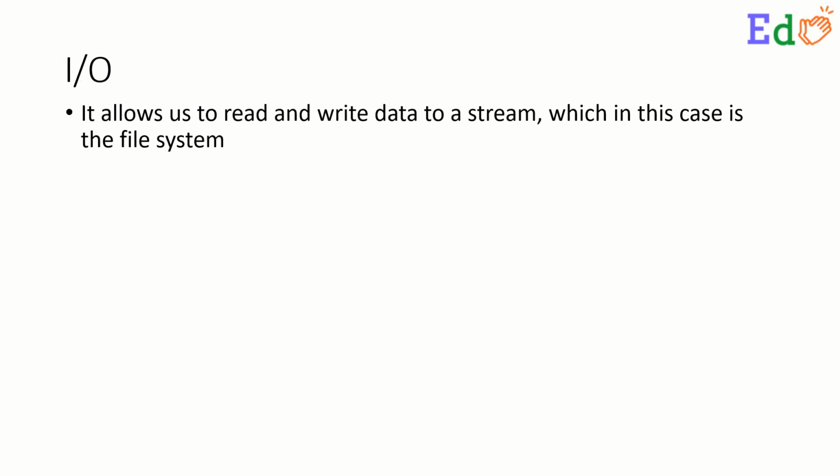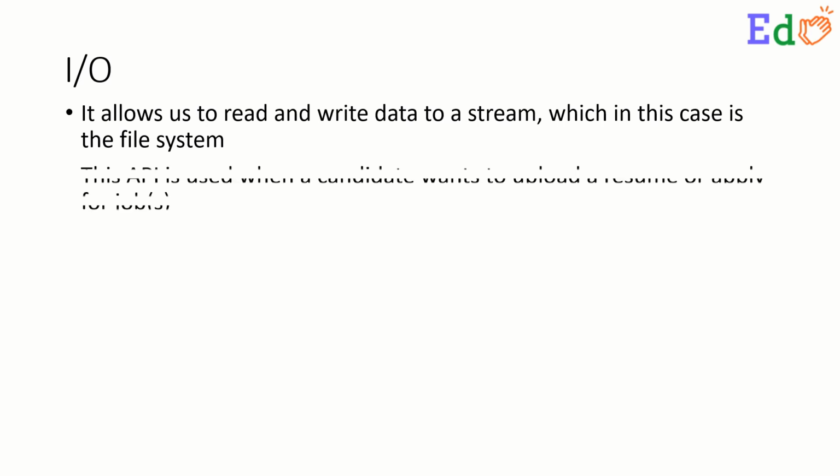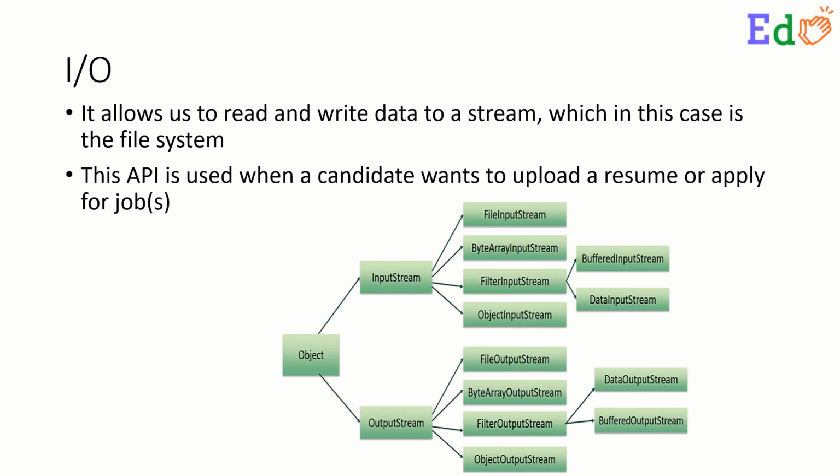It allows us to read and write data to a stream, which in this case is the file system. This API is used when a candidate wants to upload a resume or apply for jobs in this case. And this is the IO API which Java has.